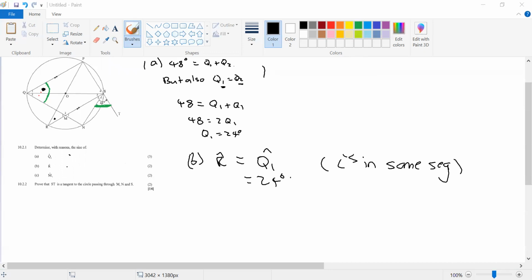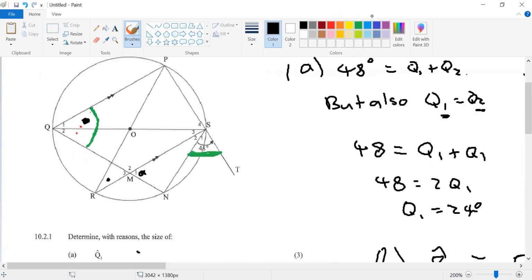And then our last thing that we have to really look for is angle M1. If we take a look at where angle M1 is, it's found right there. And we need to find a way to solve for M1, but that again is quite simple because M1 is that angle right there, and it's touching this parallel line. And again, at the bottom, I have a corresponding angle, which is Q1 plus Q2.